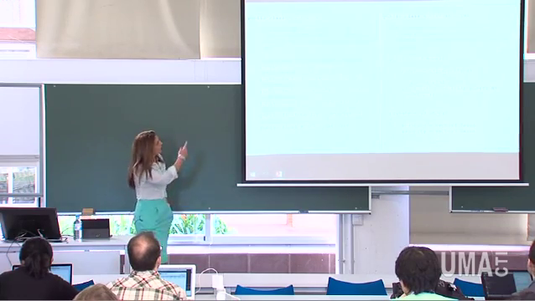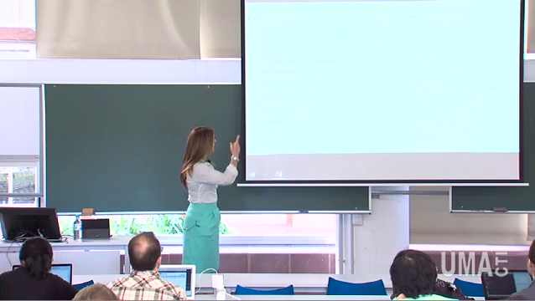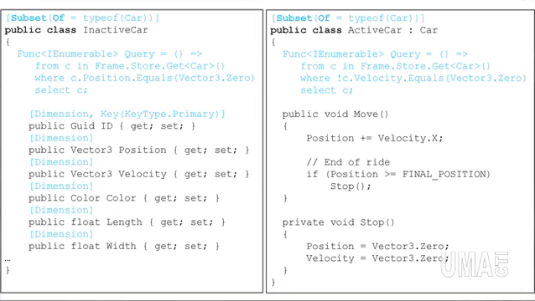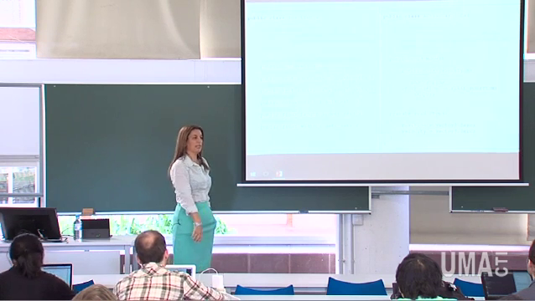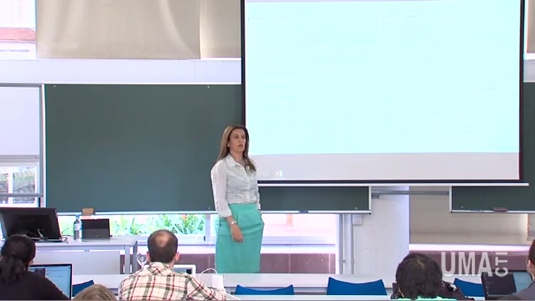And now here are some examples of what I call the predicate collection classes. So here's an example of an inactive car, which is a predicate collection class. And what it says is that it's a subset of cars. And what it gets is the cars for which the position is 0. So I decided that inactive cars are all at the 0 coordinate.